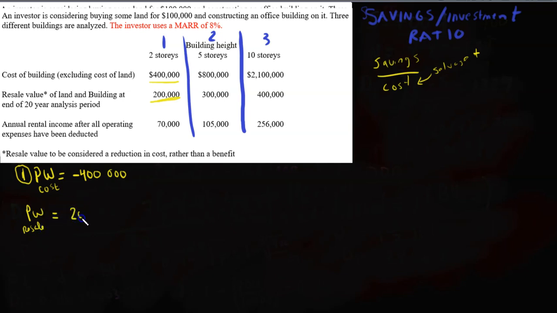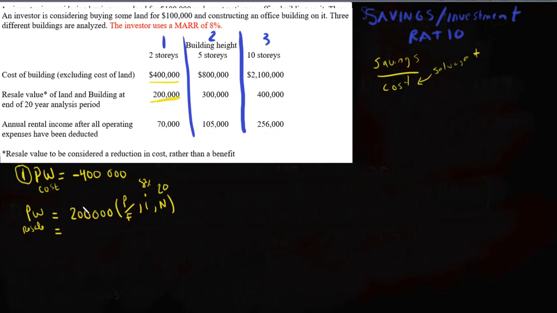So we're going to use the compound interest factor of P over F. We want P given F, given i, given n, where i is equal to 8% and n is equal to 20. Going into the compound interest factor tables, you can find them at the back of any textbook or on the internet.